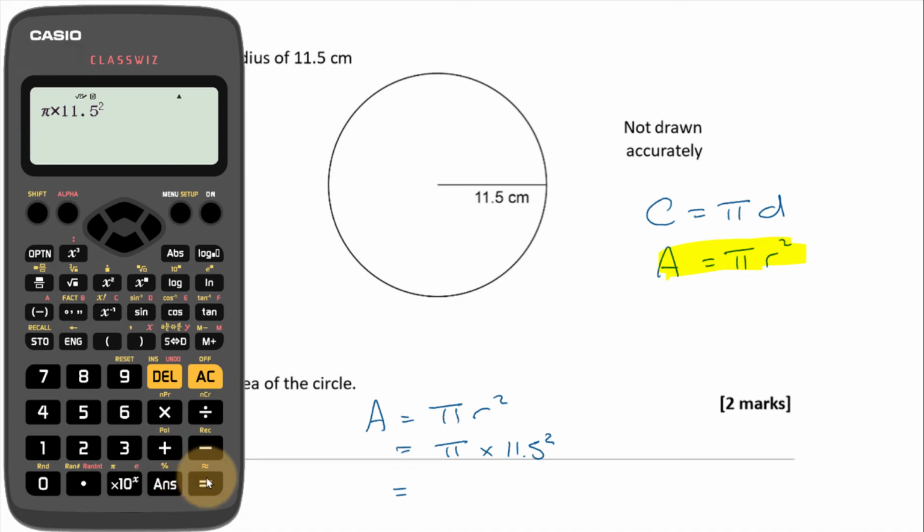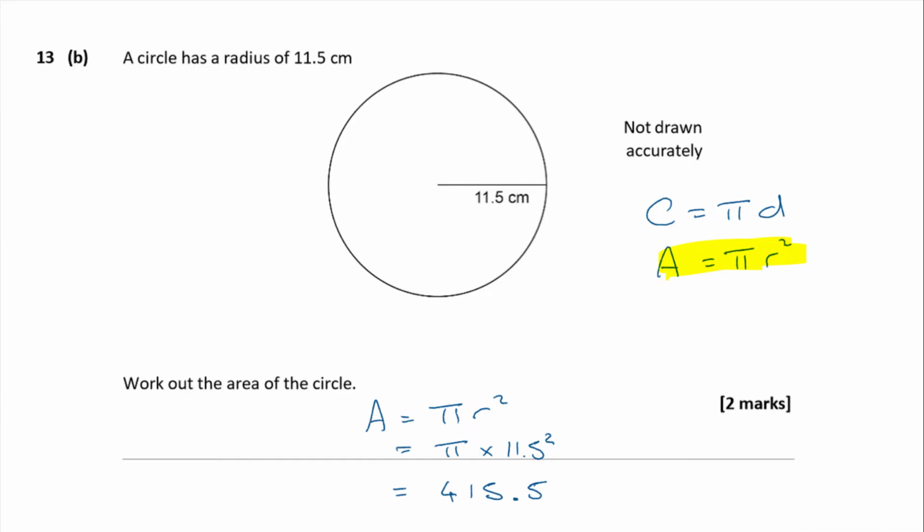That gives me it in terms of pi, and then I'm just going to press symbolic to decimal to get 415. It's going to round off to one decimal place, 415.5. Okay, I could just round off to the nearest unit. 415 would be fine as well. You could write down all the units if you want to, but that would take time. I'm happy with that. It's going to be in centimeters squared.